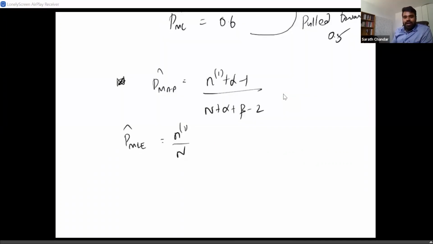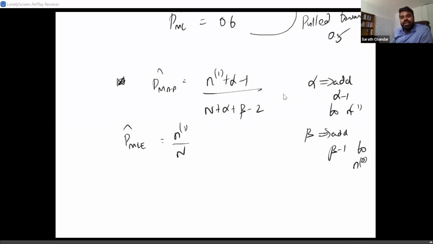So in some sense, alpha and beta are just adding some extra counts to N1 and N0. Alpha is adding alpha minus 1 to N1. Similarly, beta is adding beta minus 1 to N0, right? So when I say alpha is equal to 5, beta is equal to 5, it is as if I tossed this coin 8 times before and 4 times it was head, 4 times it was tail.